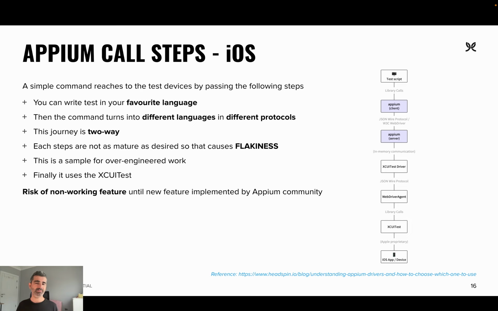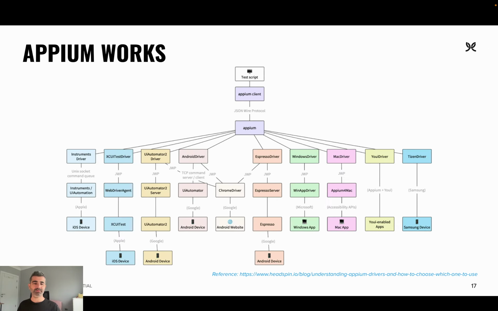But you can use your favorite languages, and you can also use it for different platforms, and you can use just one project. This is the great part of Appium, but this over-engineered part is kind of a problem for Appium.